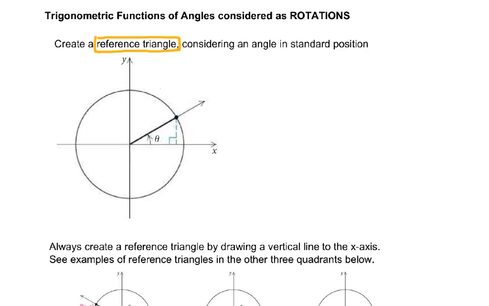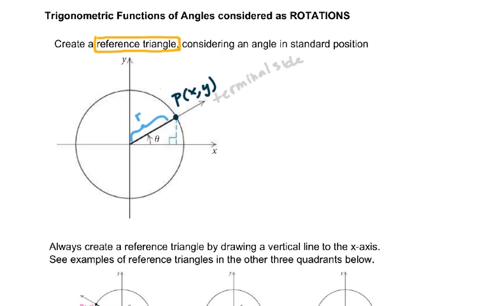So let's list some points here. So this terminal side, we have some point right here. We'll call it point P, which is an XY ordered pair. And point P lies on the terminal side. So we can think about this, and we'll call this guy here R, a radius.